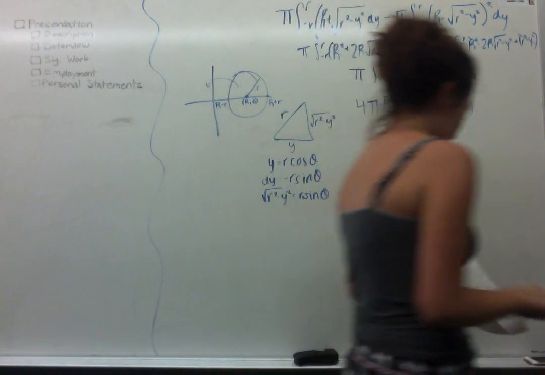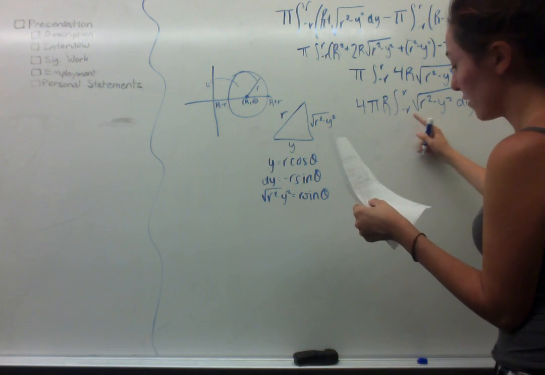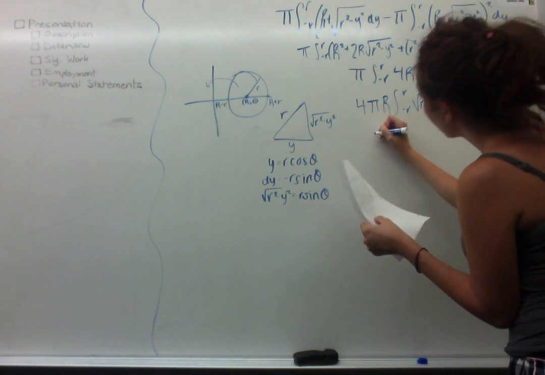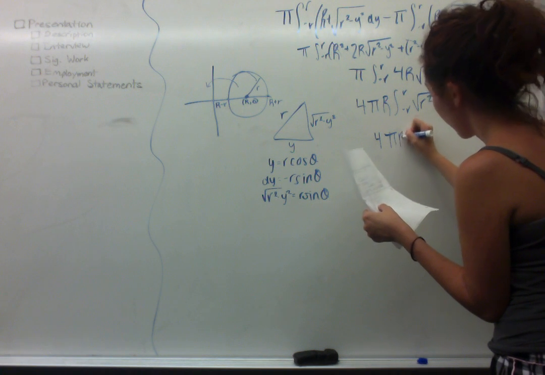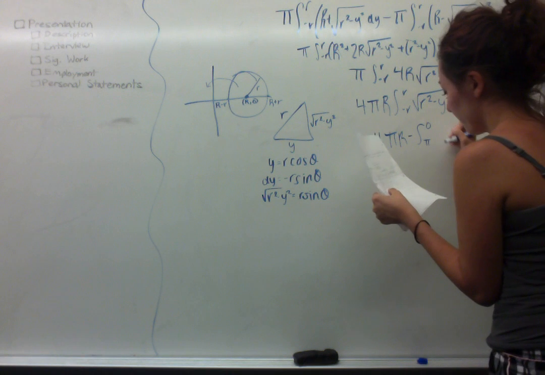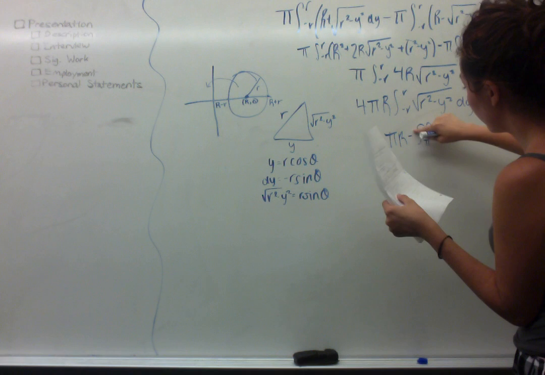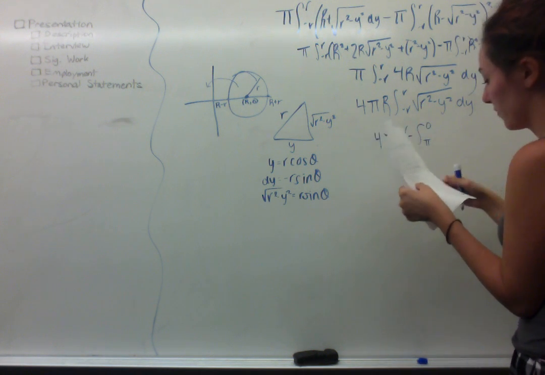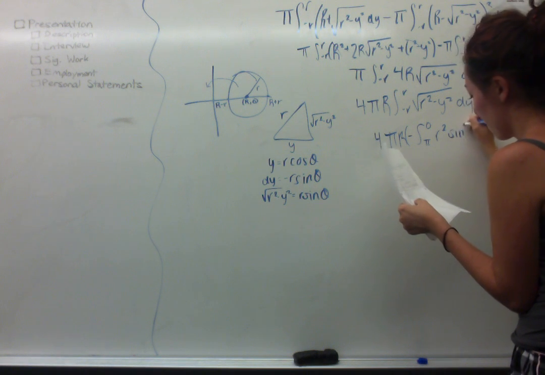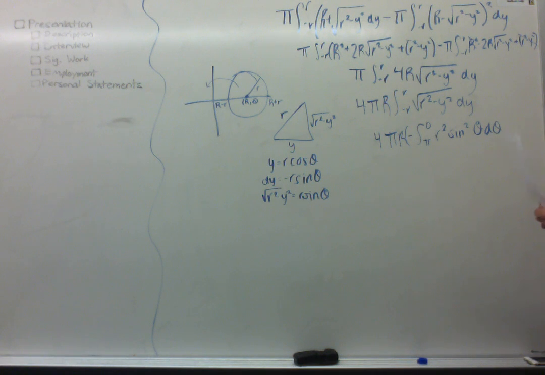So now we're going to go back over to our integral, and we can substitute the equations that we just found over here, and we get 4 pi R, integral going from pi to 0, times negative r squared sine squared theta d theta. So that's our substitution.